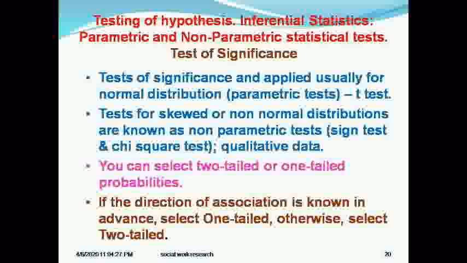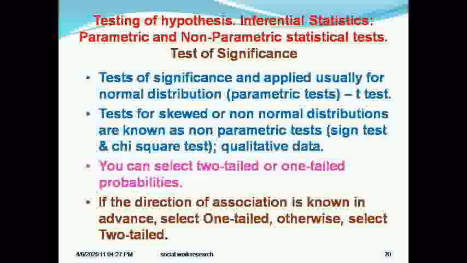Now, there are again two types of test of significance. One is called two-tailed, the other one is called one-tailed. If the direction of the association is known in advance, we can use one-tailed, otherwise we have to choose the two-tailed test. What does it mean, one-tailed and two-tailed?